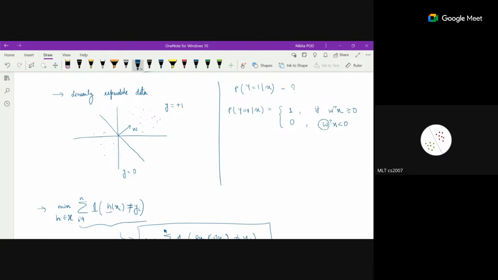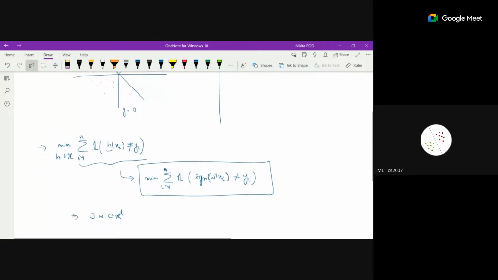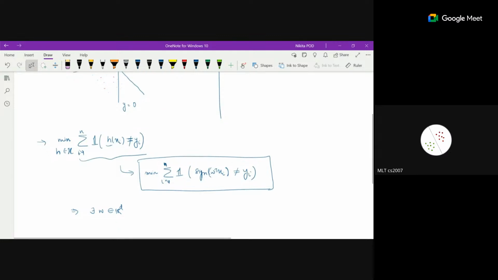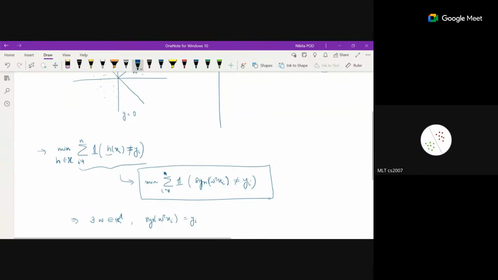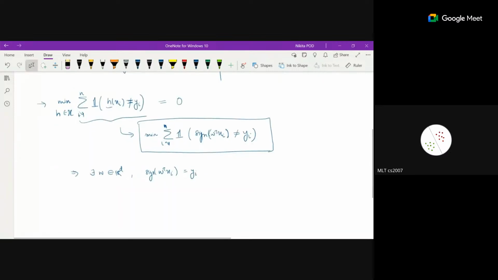So the linear separability condition means there is some W such that you are able to get the sign of W transpose xi to be exactly equal to yi. If that happens, the minimum error value that we are going to get is exactly zero.